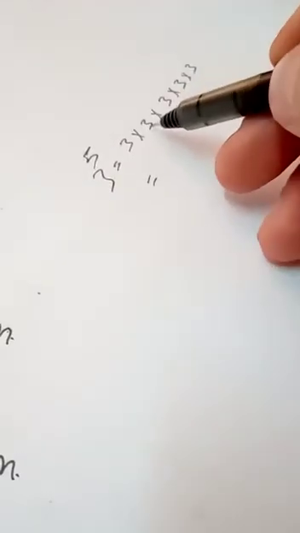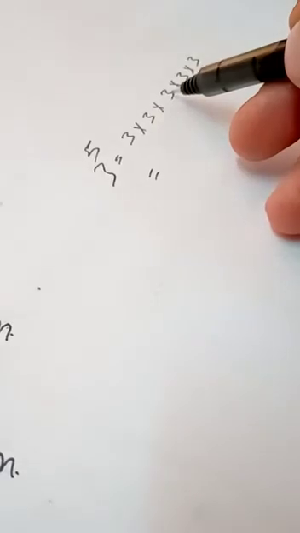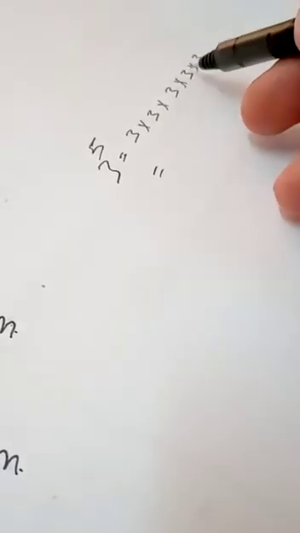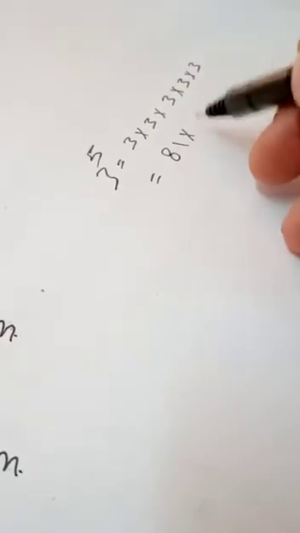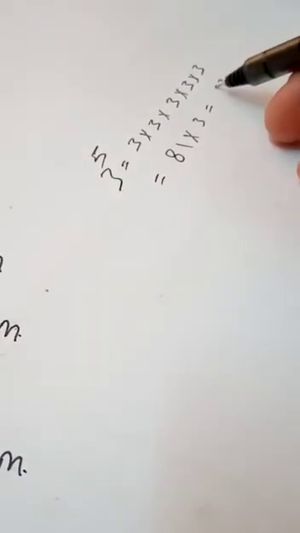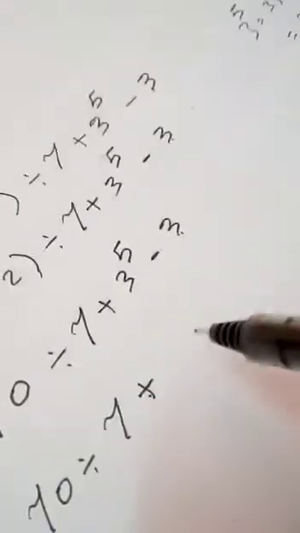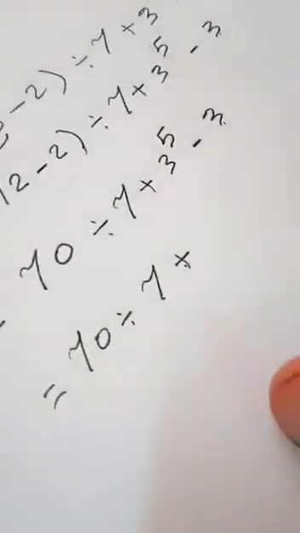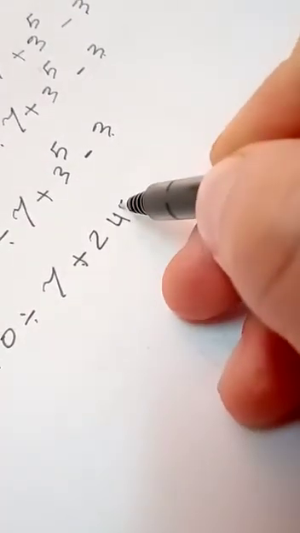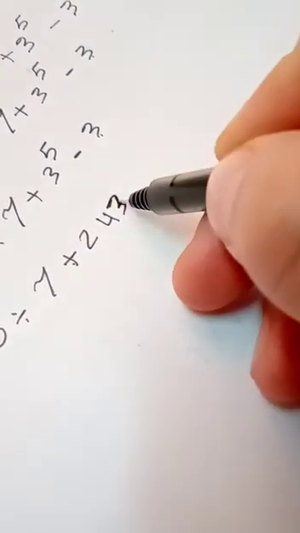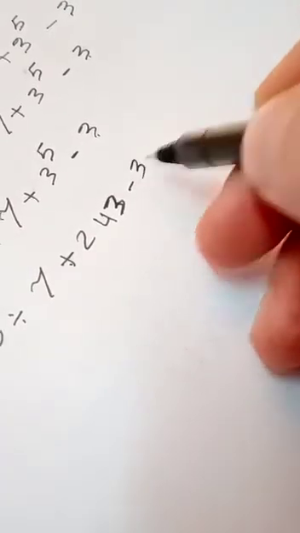So 3 times 3 will be 9. Times 3 will be 27. 27 times 3 will be 81. 81 times 3 will be 243. So we can write here 243 minus 3.